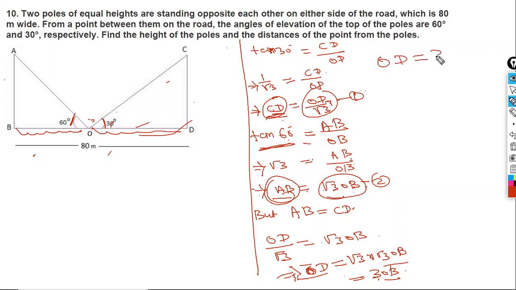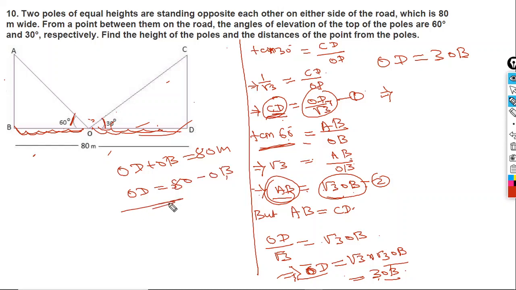OD equal to 3 OB. Now just look at the figure. Is there any relation between OB and OD? Yes, there is. Here you can see OD plus OB equal to 80 meter, or we can write OD equal to 80 minus OB, isn't it?